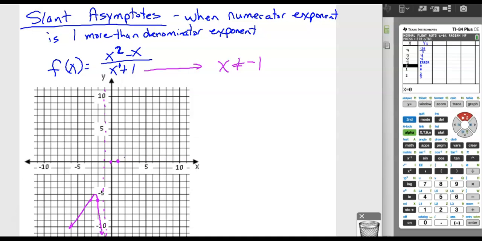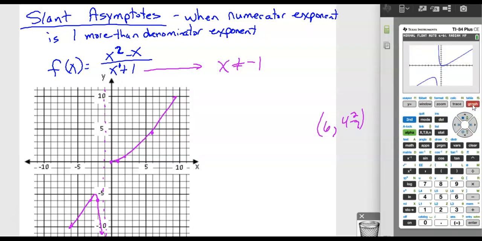We don't have to graph every single point, but I know it's going to start going up. Even at 6, it's at 4 and 2/7, about right there. So I know it's going to go up like this. And if you look at the graph, what happens before that, it just loops back up real quick.